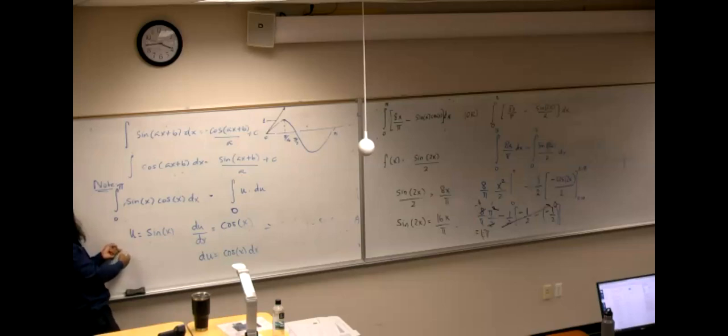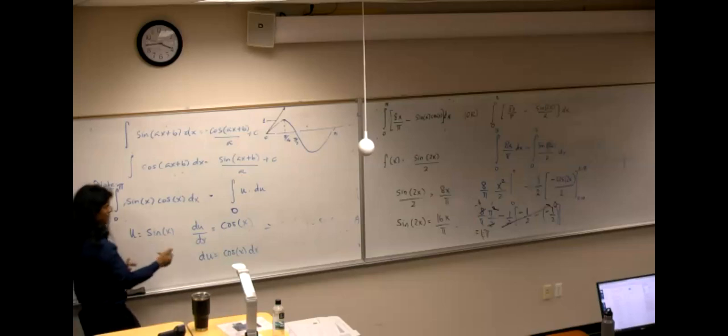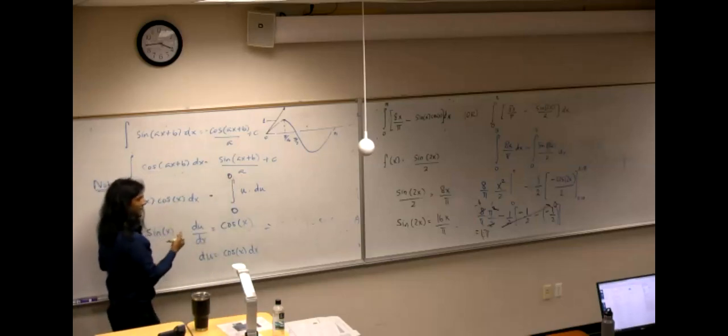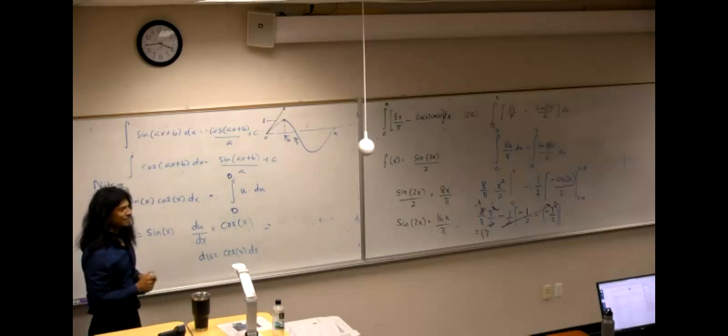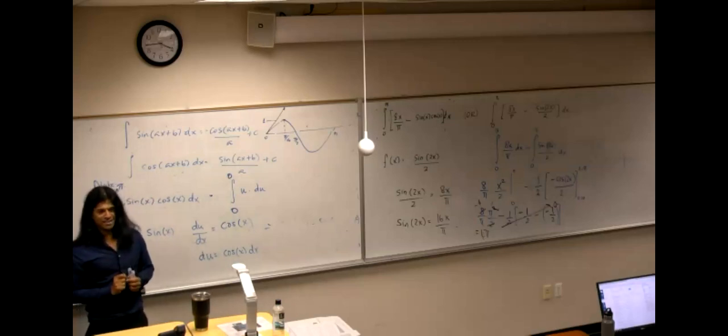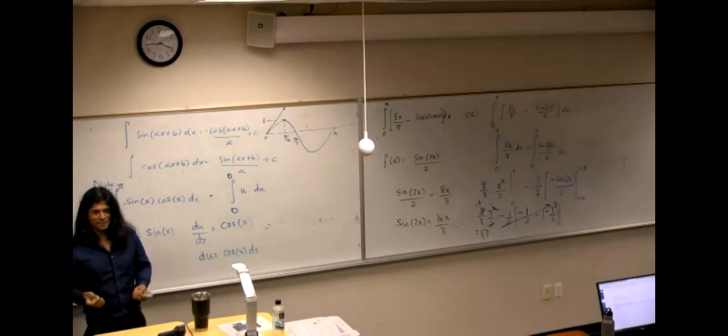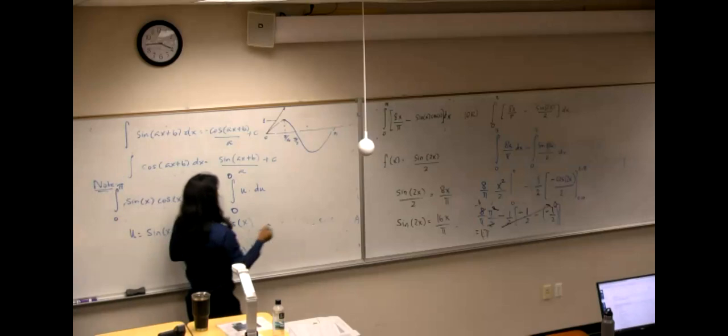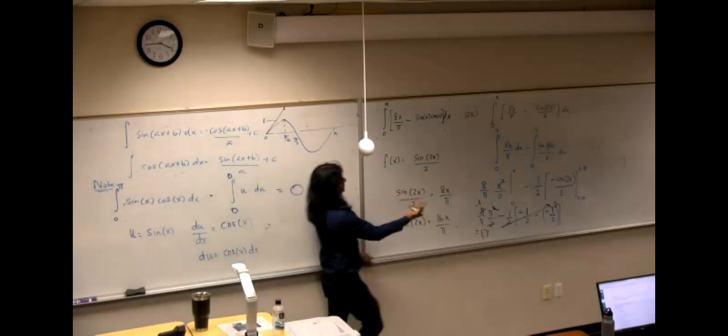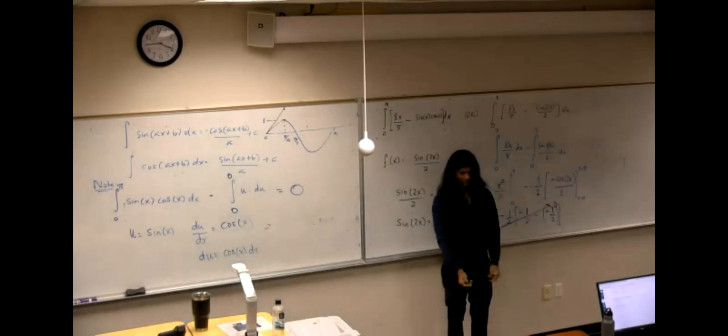Sine pi. What is sine pi? 0. Interesting case, right? You start at 0, end at 0, you find the area under the curve. How much area have you got? Nothing, right? What is the area of a point? An infinitesimally small point. 0. Which we have right there.